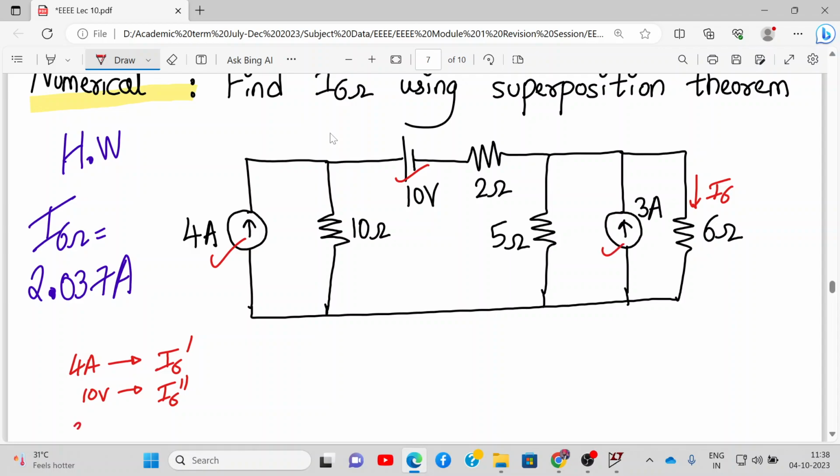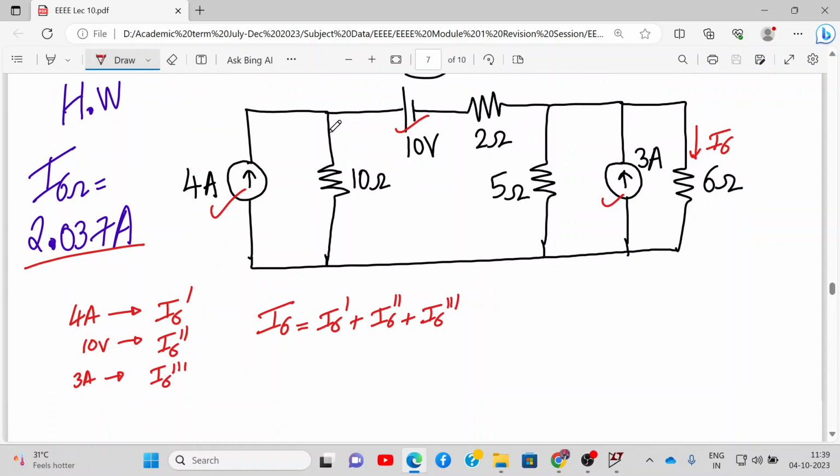Then you consider the 3 ampere current source and call that current I6 triple dash. By superposition theorem, it's the algebraic sum of all the currents, and this answer is coming out to be 2.037. So please try this on your own and let me know if you get any different answer.